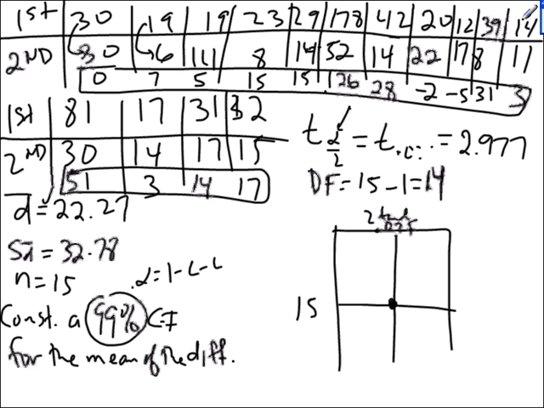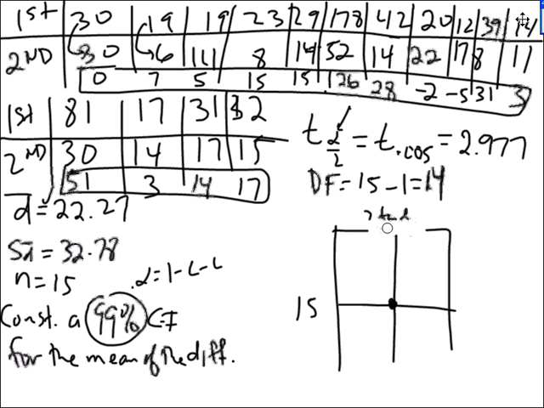And 1 minus 99% is 0.01, divided by 2, you get not 0.01, but 0.005.